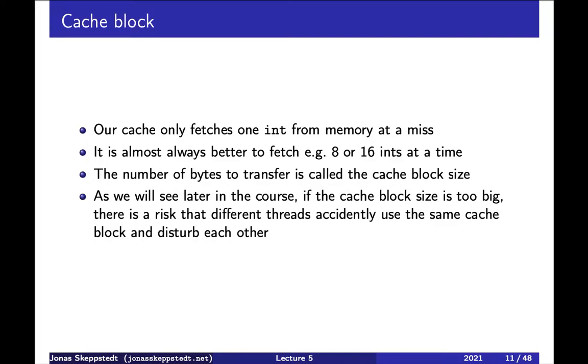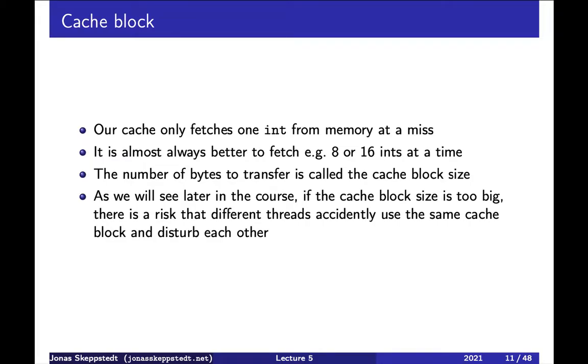But that is something to think about, that it's not only one int, and also when a cache block is modified by one thread, then the CPU or cache where that thread is running will be the owner of that cache block. And it's not only the int that it wrote, but it's the entire cache block that it will own for a while.